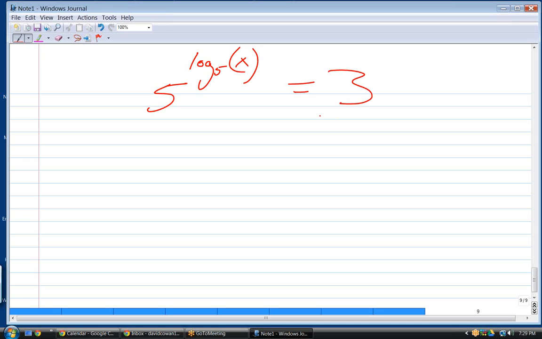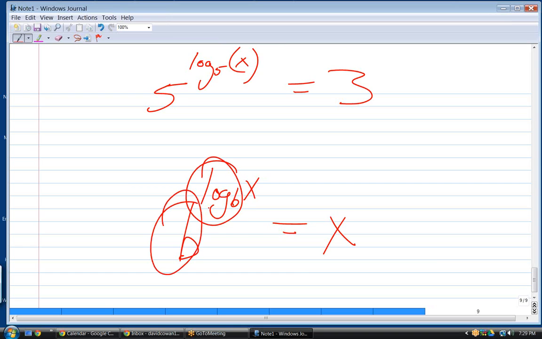Whenever you have b to the log base b of x, that's always equal to x, whatever is in the parentheses, because this raised to that cancels it out. So I can say this whole thing is x. That's the solution.